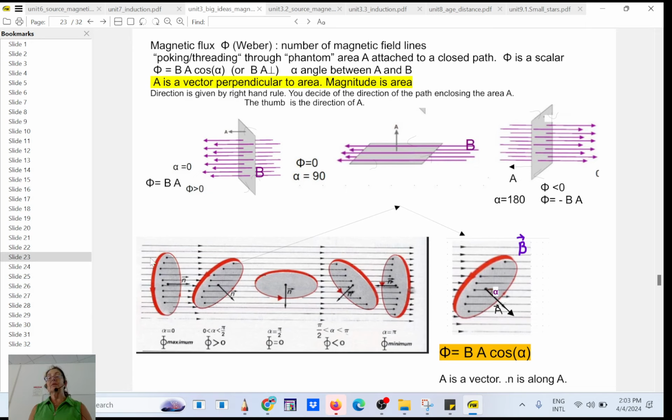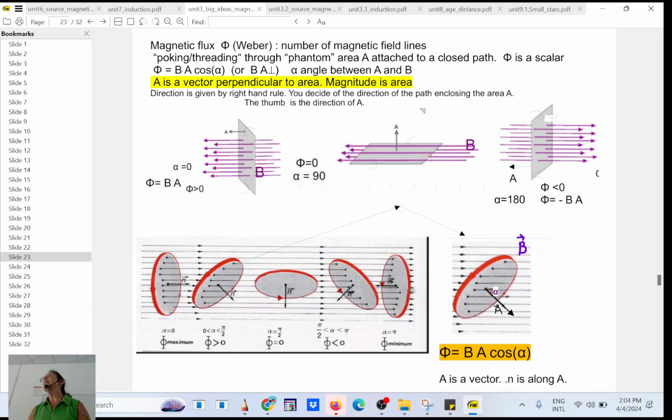Imagine you have a loop and you rotate it inside that magnetic field. The flux is going to change with time, so you're going to induce a current. The flux is maximum, then the flux is going to decrease. The flux equals the magnetic field strength, of course, because if you have a stronger magnet or electromagnet, you're going to provide more magnetic field lines.